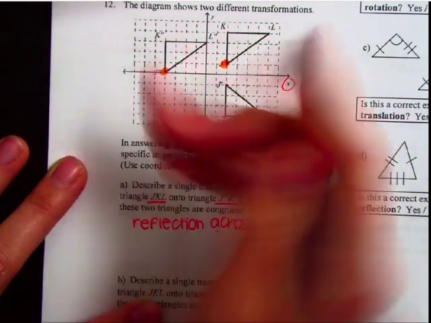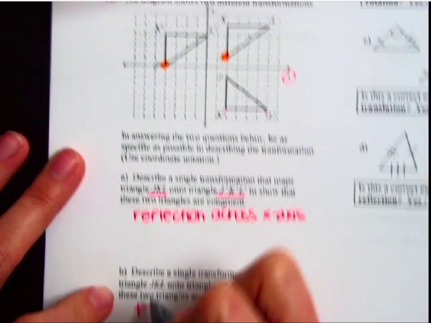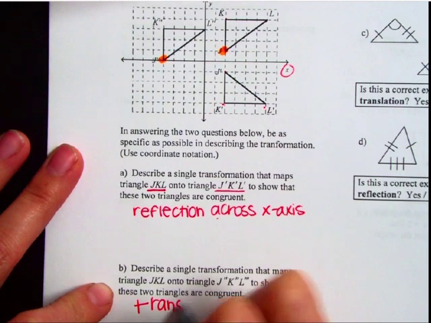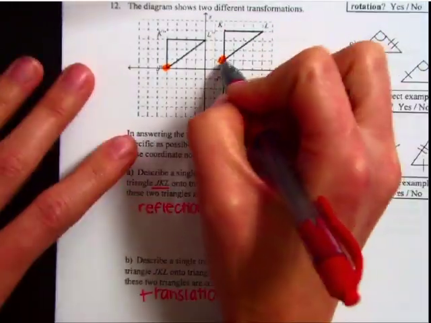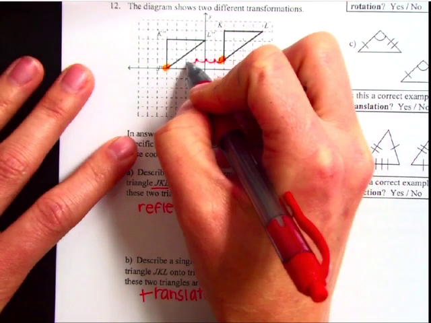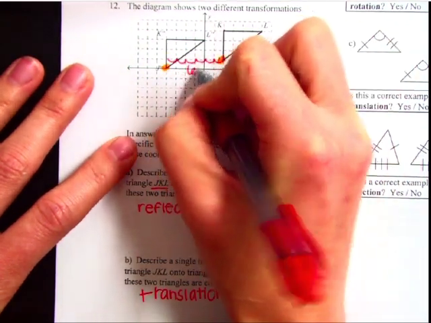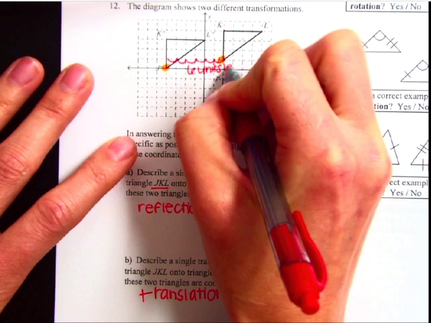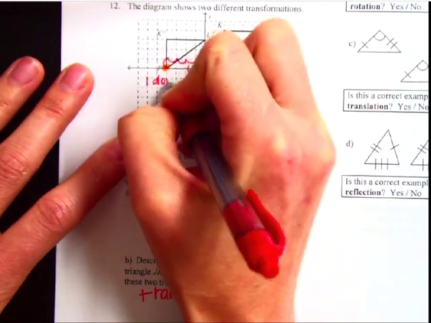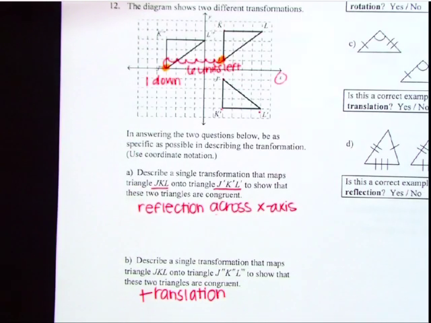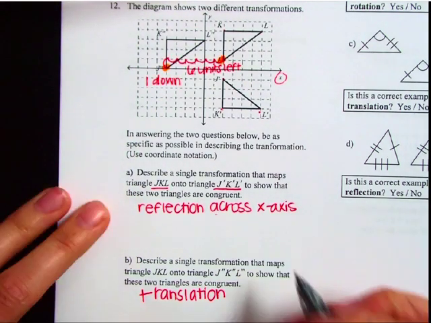It's not turned, it's not flipped. So we know that this is a translation, but we have to be specific. So I'm going to count that this is 6 units left and then 1 unit down for those vertices to align. So we're going to specifically write that.